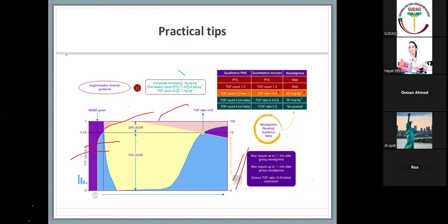You could give 4 milligrams per kg for a deep block, that is a post-tetanic count of 1 to 2, and 2 milligrams for a moderate block, that is a train of 4 of 2.